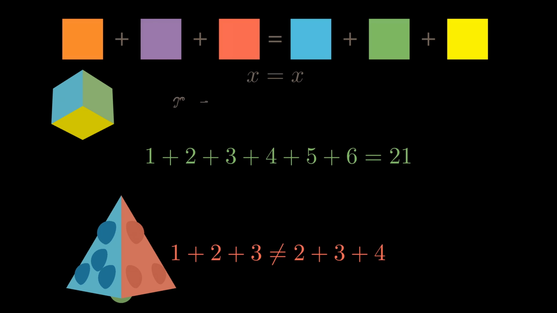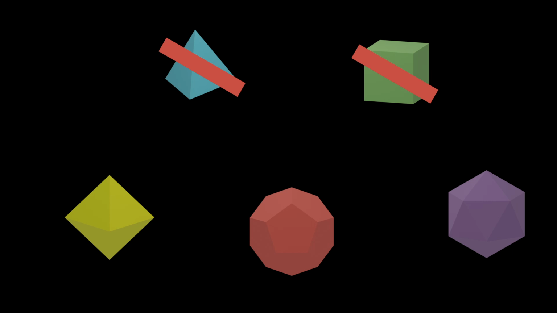Together, these 6 values must add up to 21 and to 2x, so x is equal to 10.5, which is not a whole number, and thus no symmetric 6-sided die exists. The same trick, however, doesn't eliminate the other Platonic solids, so let's continue.